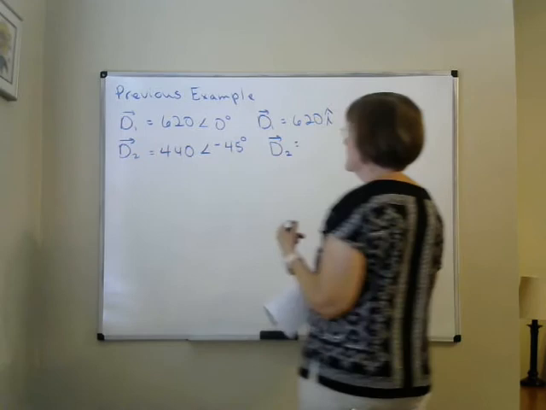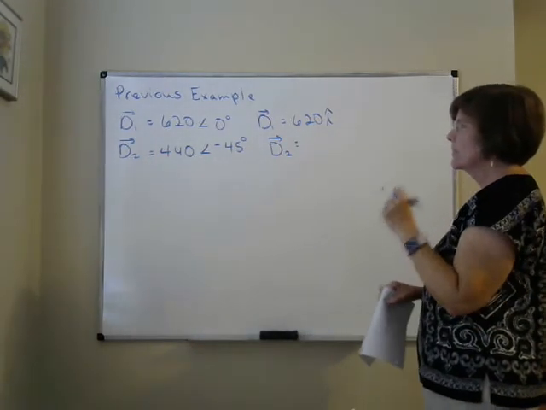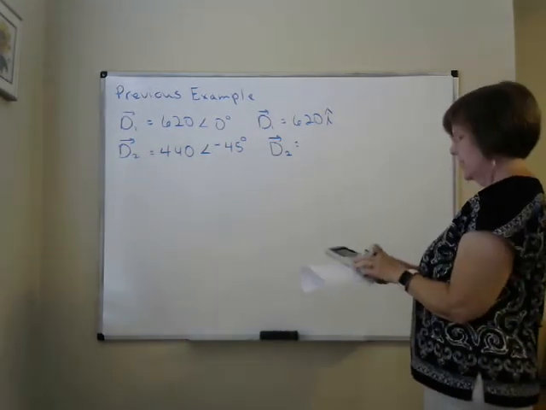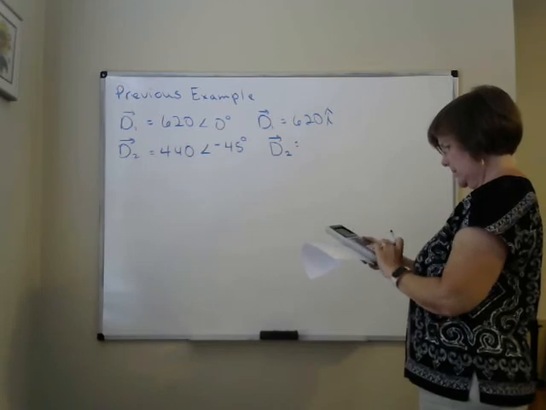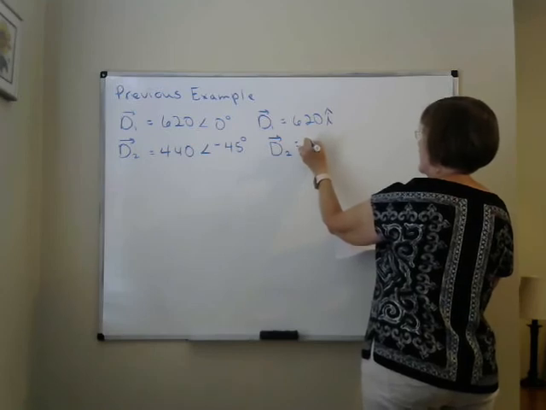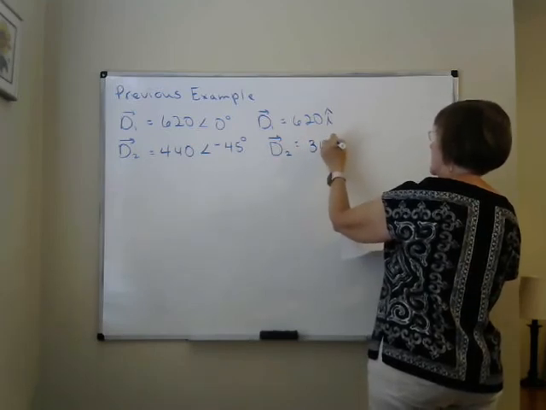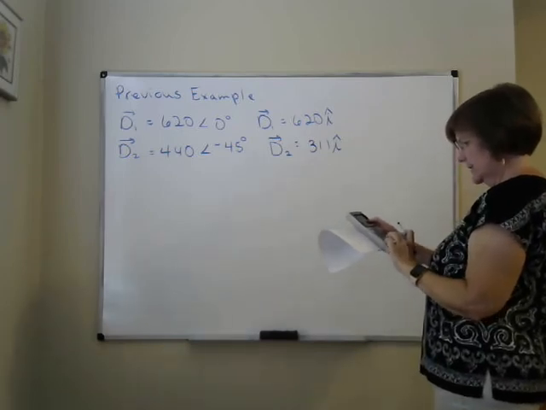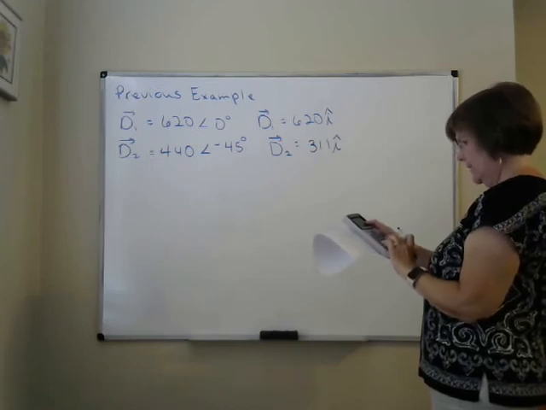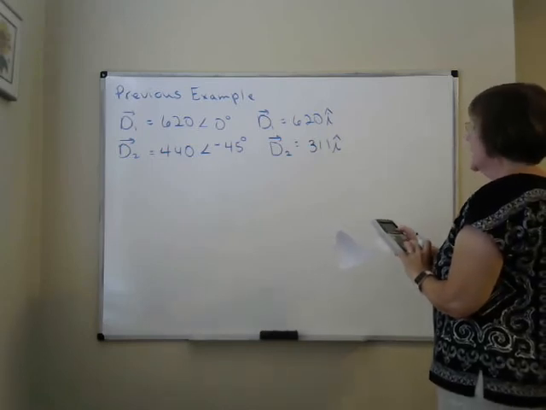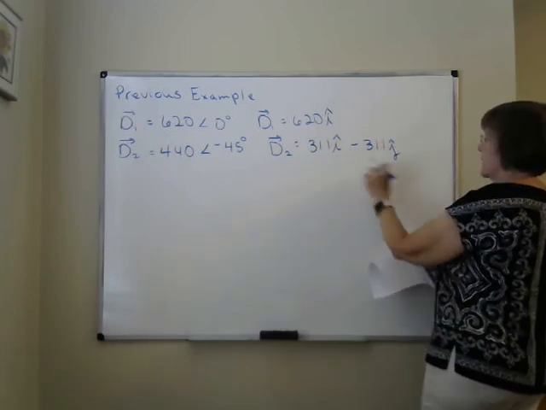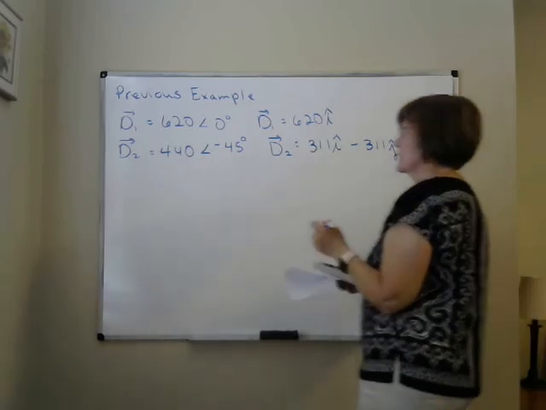The x component, 440 cosine negative 45, was 311. When we did 440 sine of negative 45, it's very important, it had a y component of negative 311. So that's a J. X component, y component.